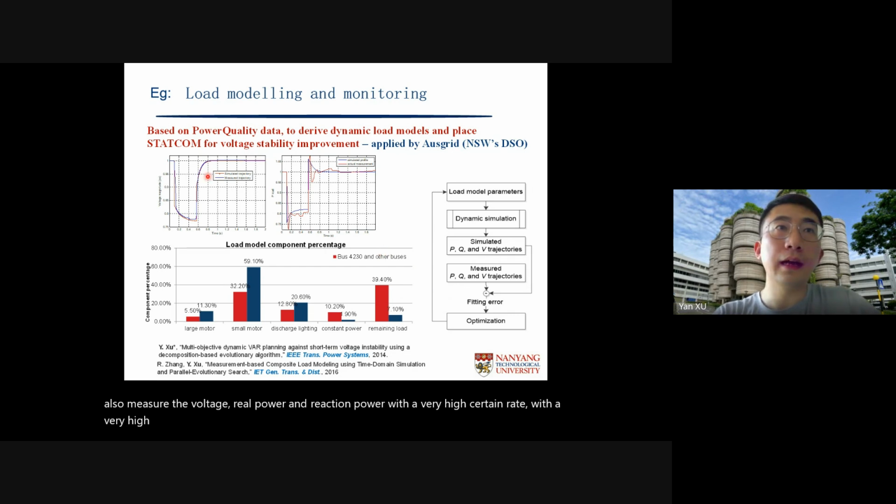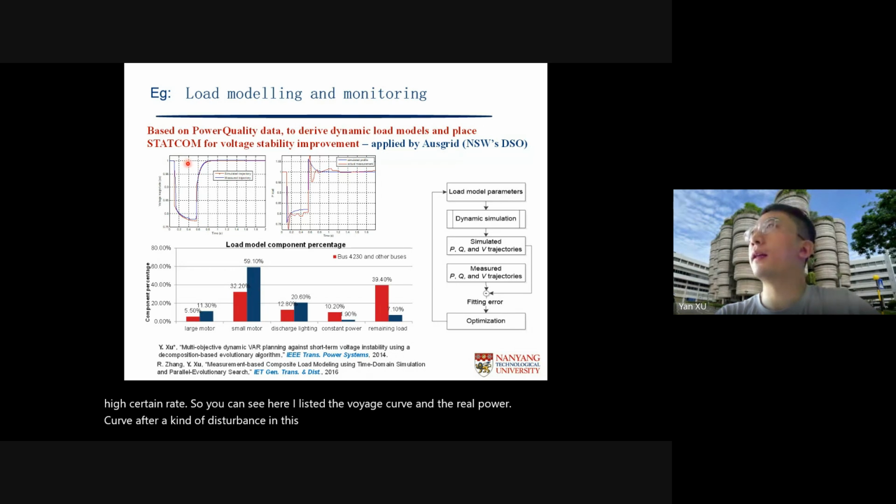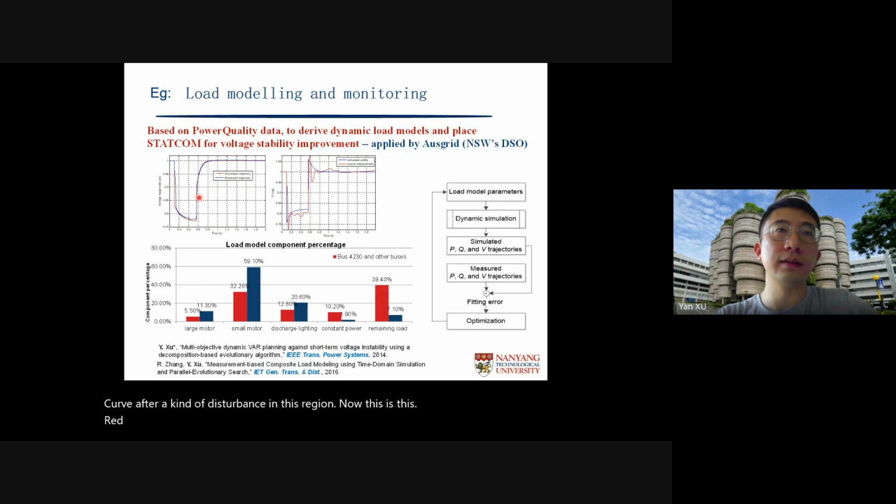So you can see here, I listed the voltage curve and the real power curve after a disturbance in this region. The red curves are realistic values. This is the voltage. Originally, it stays around 1.0 per unit.